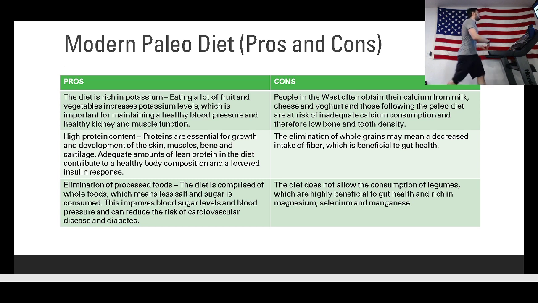And then flipping back over to the last pro, and this is a huge pro. This is probably the number one pro in my opinion of wanting to take on the paleo diet, and that's the elimination of processed foods, right? This diet is comprised of whole foods. We talked about it. Your meats, fish, fruit, vegetables, your fats, nuts, seeds, okay?